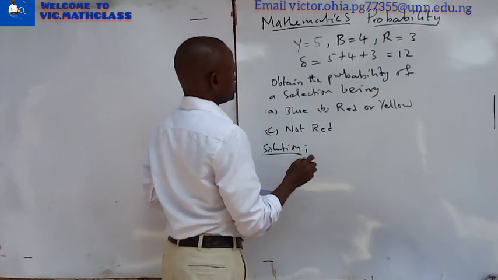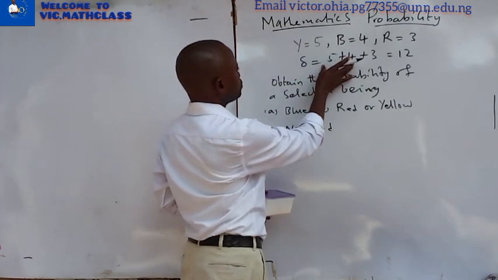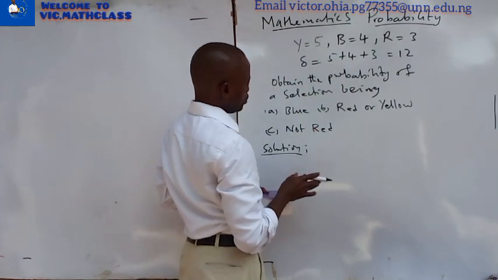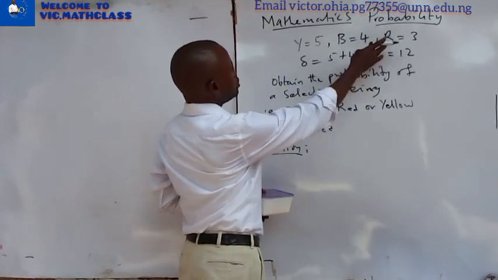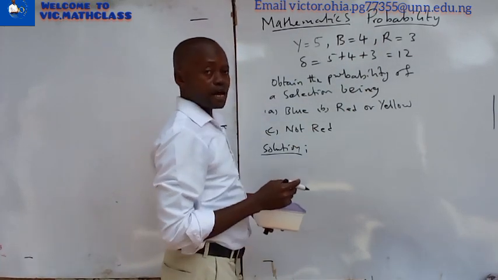So you can say that we have been given the sample space and the various possible outcomes.